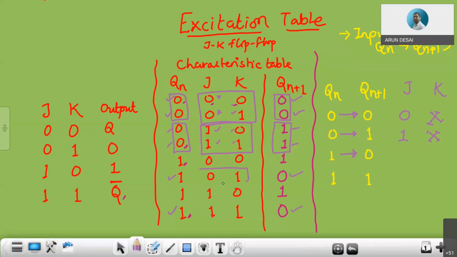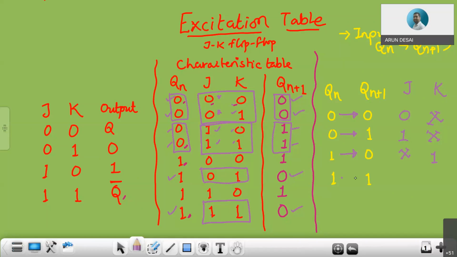So those are the combinations. In that case, K is always 1 and J could be either 0 or 1. That means don't care, right? So if we have K equal to 1, in that case, it resets the flip flop, right?